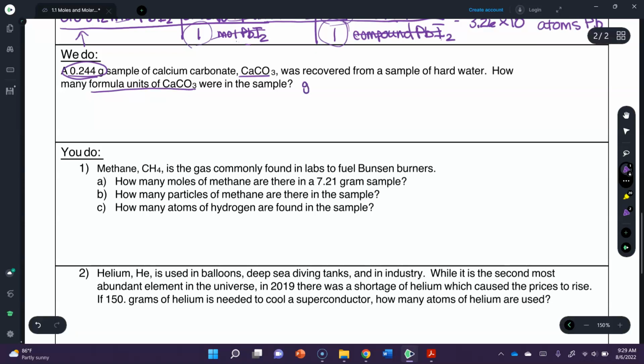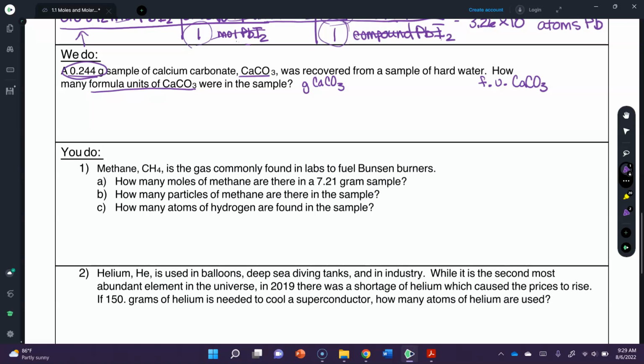So we have grams of calcium carbonate, and we want to end up at formula units. I'm going to write FU, but I mean formula units and not anything strange or offensive. Okay, but writing all the formula units out is really long.